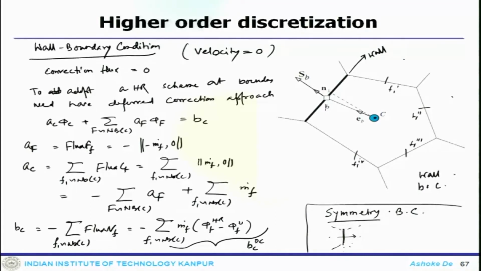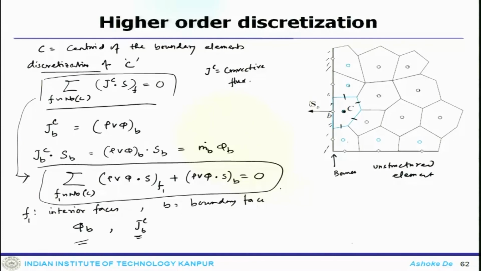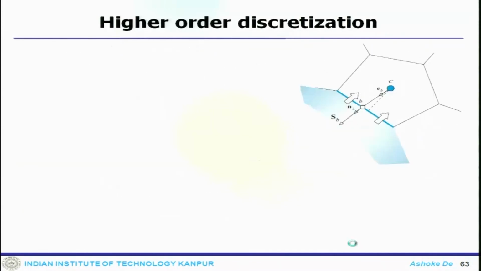So, we have looked at three different kinds of boundary conditions with respect to the higher order discretization. When we started with the convection discretization, we had looked at the inlet boundary, outlet boundary, symmetry boundary, and wall boundary conditions, but that was with respect to our initial discretization scheme.